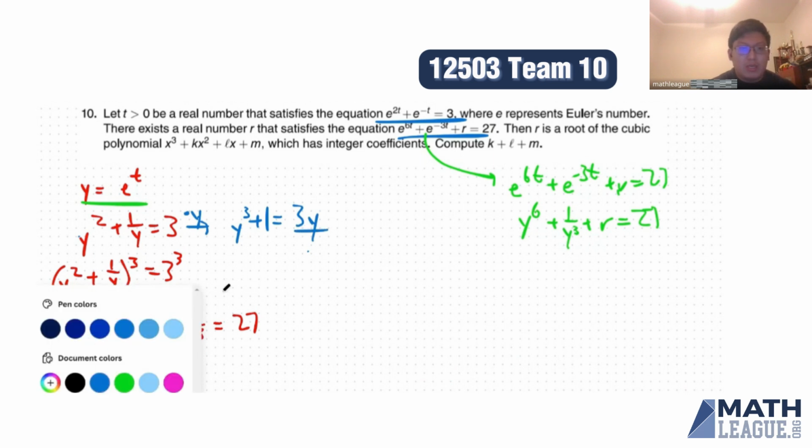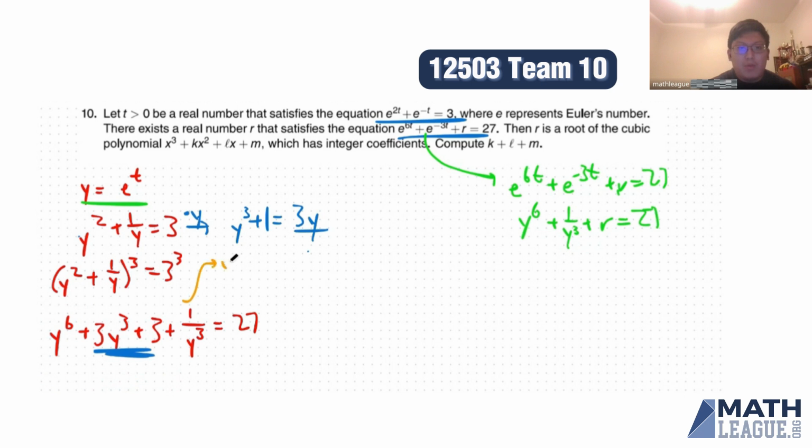That's going to give us y to the 6th plus 3 times y cubed plus 1, plus 1 over y cubed equals 27. So therefore we have y to the 6th plus 3 times 3y, which is 9y, plus 1 over y cubed equals 27. And therefore that gives us that r is equal to 9y.